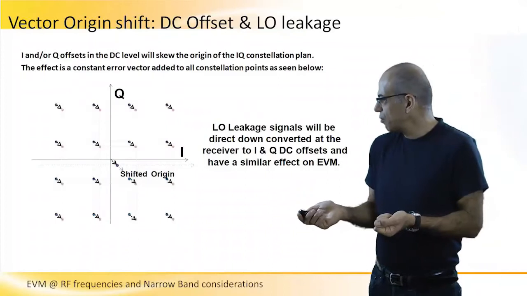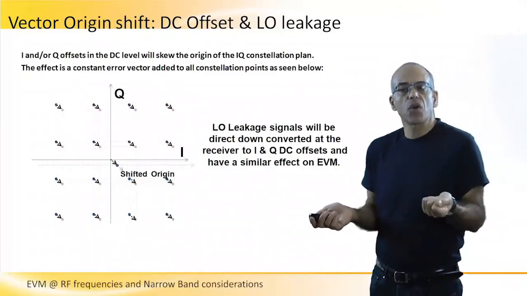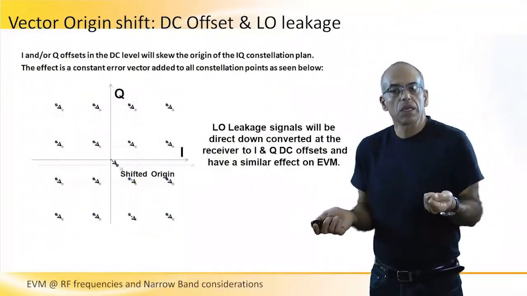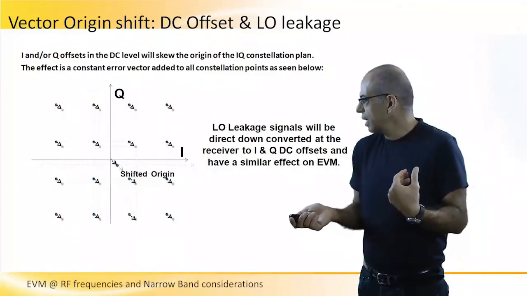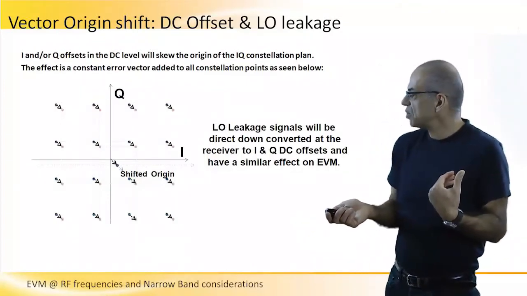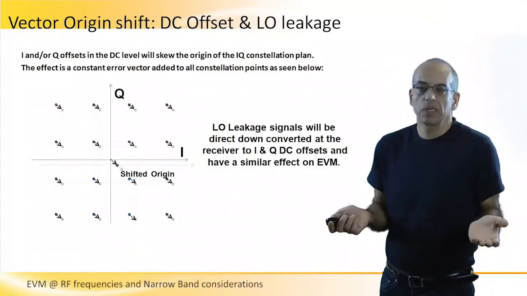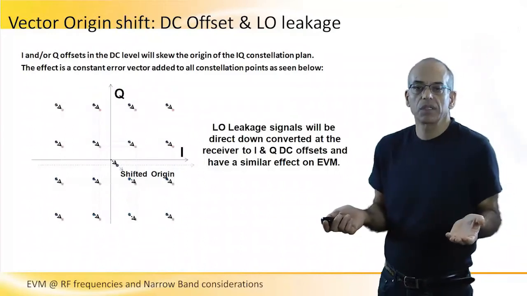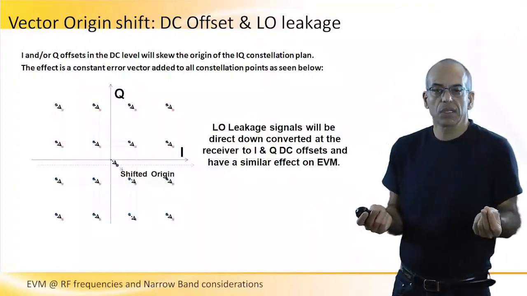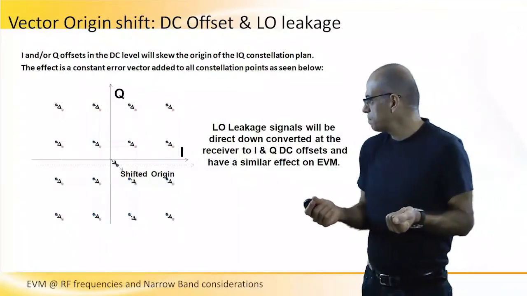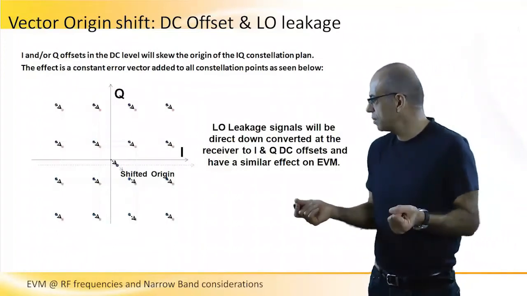So if we talk about different DC levels for I and Q, it can be described in the constellation map as a shift of the origin to a different point than the original origin, depending on the DC offset that exists in the different I and Q channel.